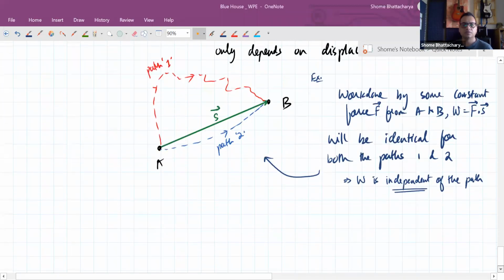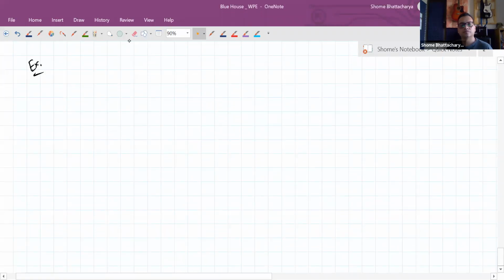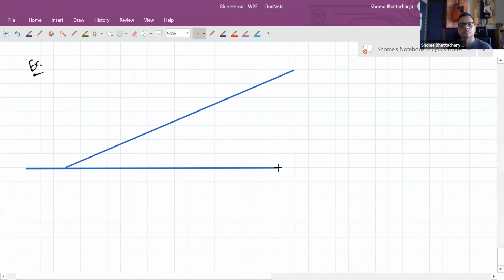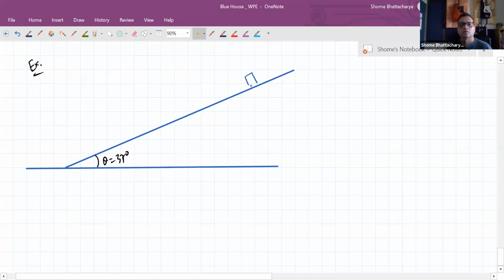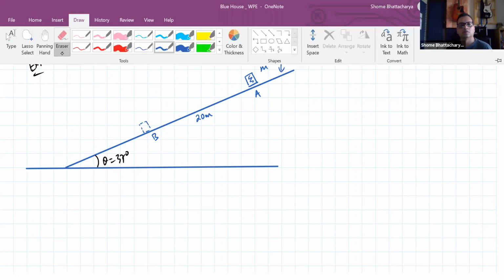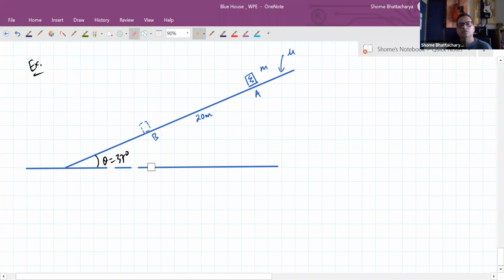Okay, now let's do a simple example. We have this rough inclined plane.